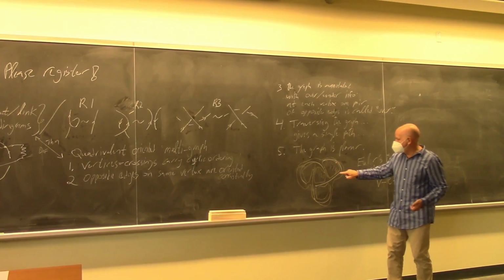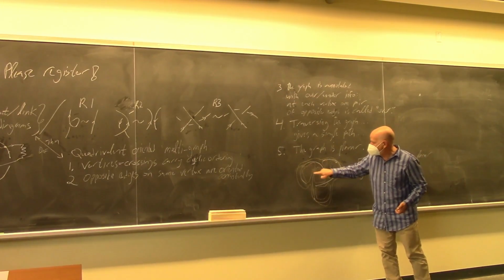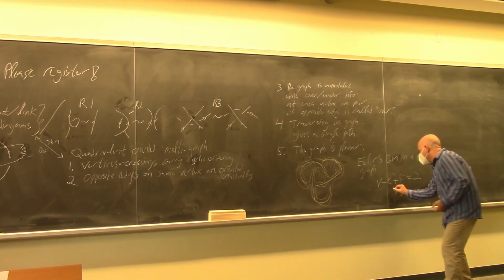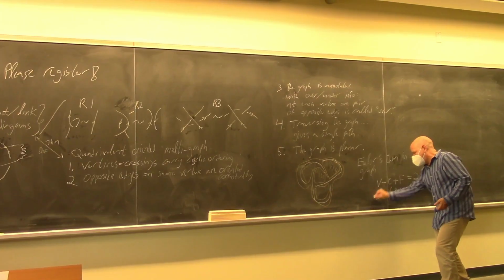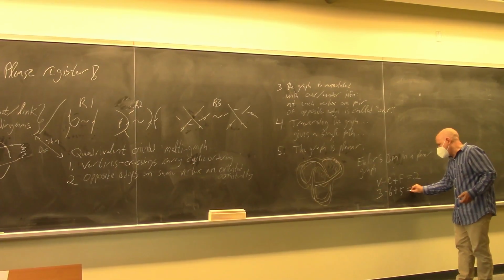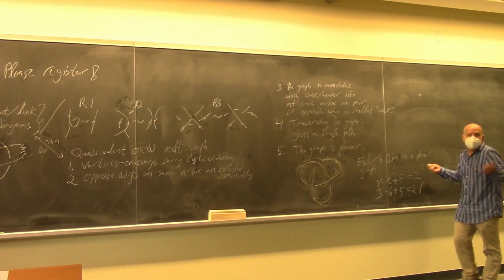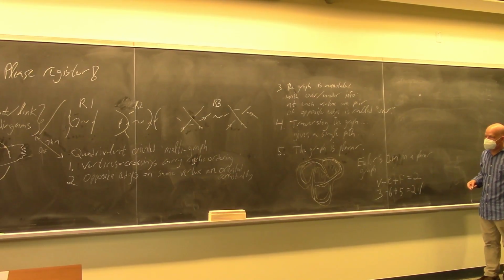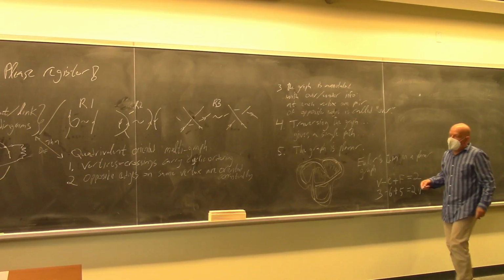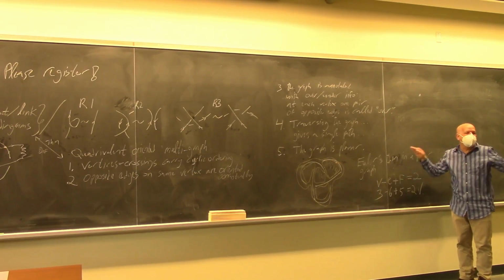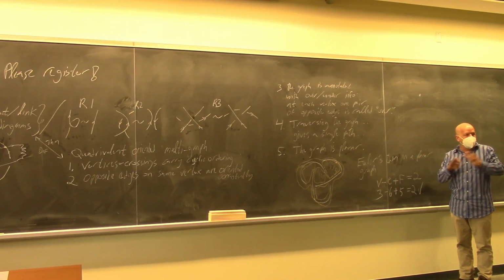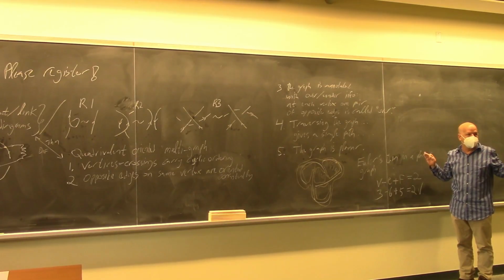The number of edges is 1, 2, 3, 4, 5, 6. The number of vertices is 3. There are 3 crossings. So 3 minus 6 plus 5 is indeed 2, and we checked. Okay? So that was one. Now everything is completely combinatorial. There's no algebra in the business at all.